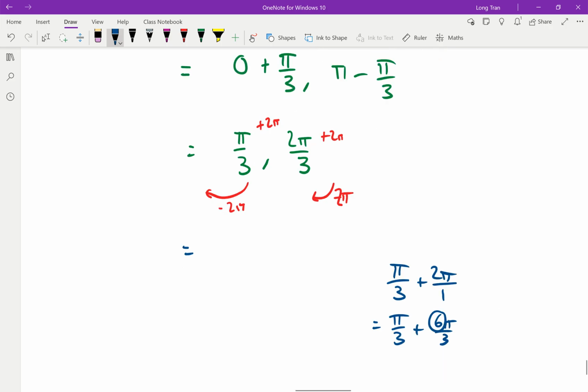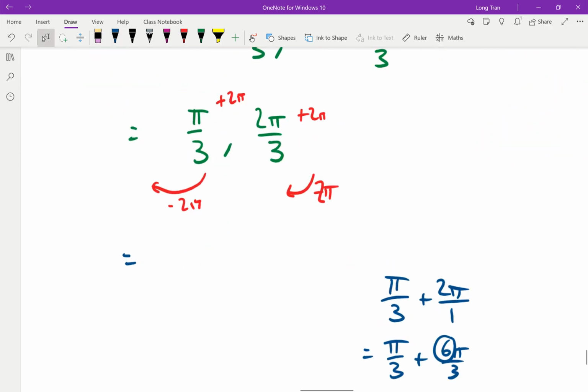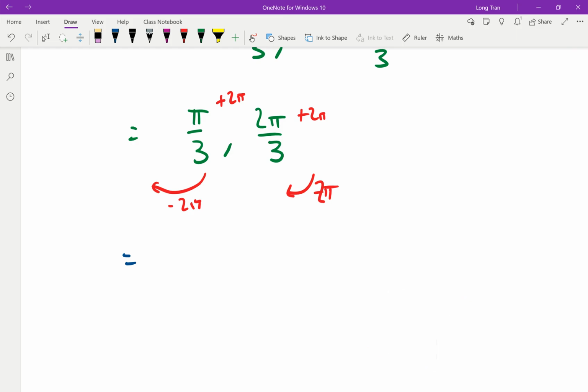Okay, so from here, what I'm going to do is add on 6 pi on 3 every time. So that means pi on 3, and again, this is 2 pi on 3. I'm going to add 2 pi. So when you add 2 pi, it's like adding another 6, right? So that now becomes 7 pi on 3.